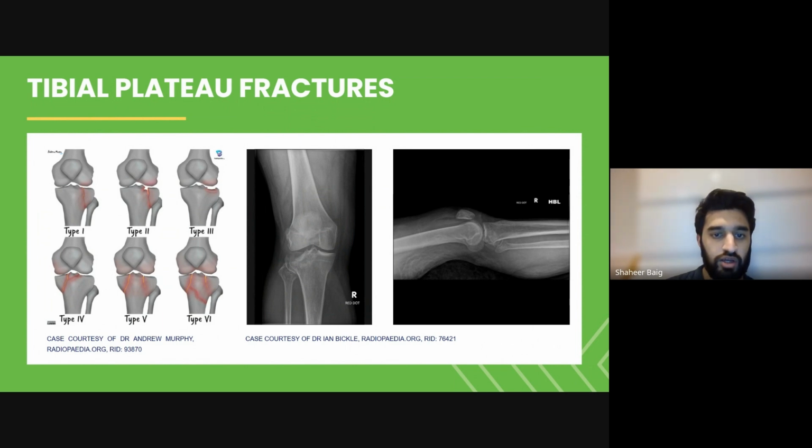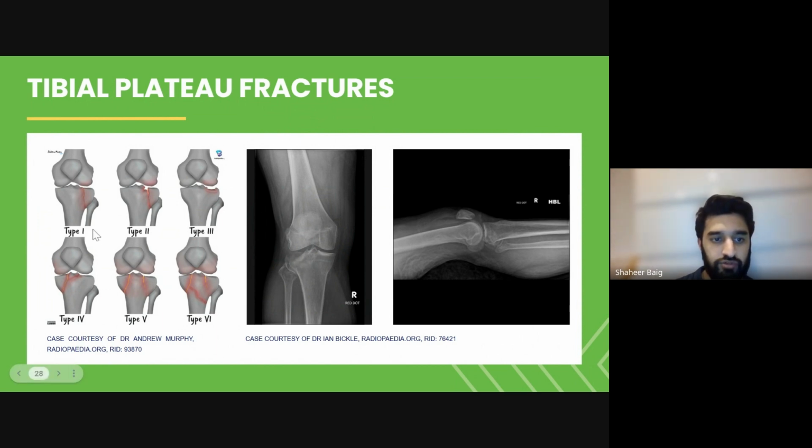At the knee joint, we get a specific pattern of fracture called tibial plateau fractures, and this is basically a fracture of either the medial or the lateral tibial condyle, which extends into the knee joint or the tibiofemoral joint.